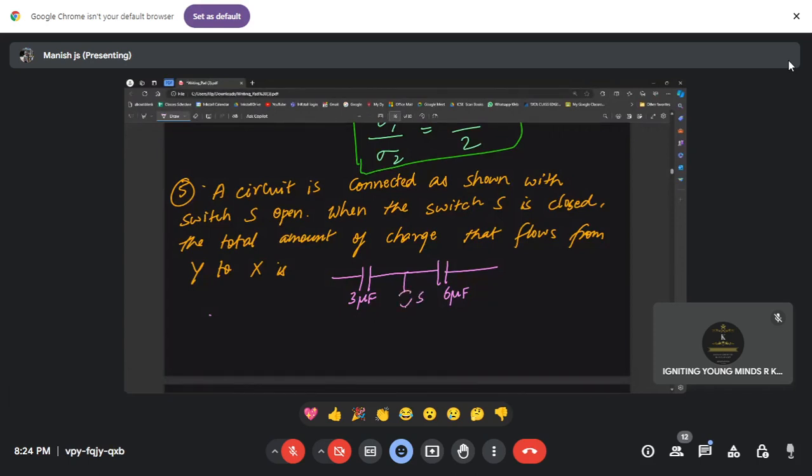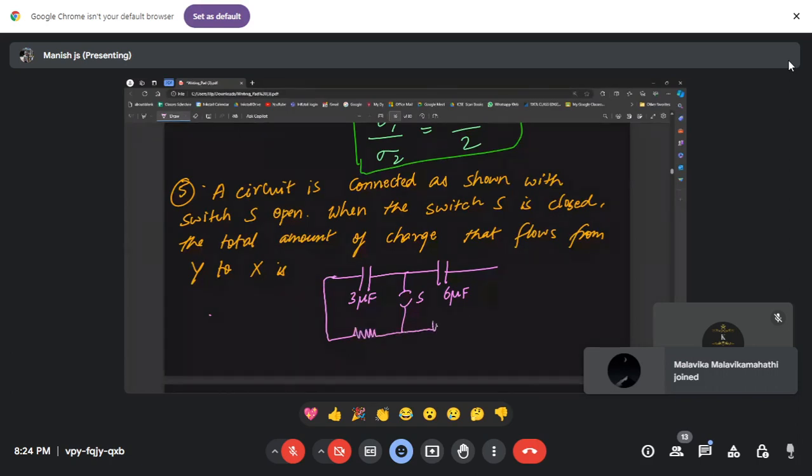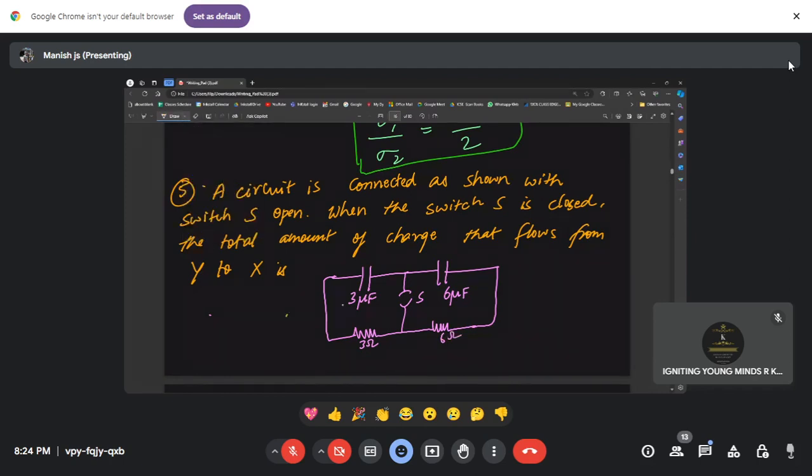This is switch S. Now at the bottom, there are two resistors also, as shown. So the values of the resistors are 3 ohms and 6 ohms. Okay, this is the circuit. Now this entire circuit combination is connected to a 9-volt cell. There is a 9-volt cell, children.